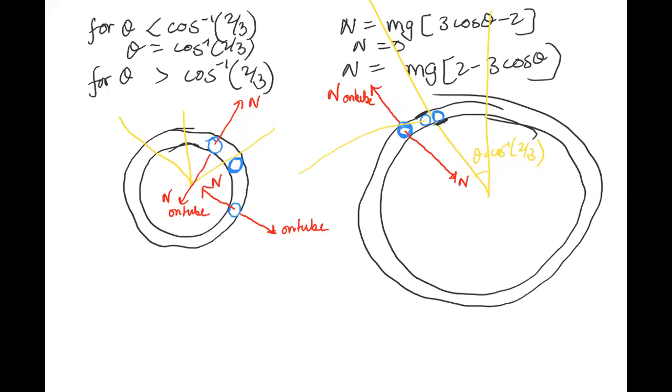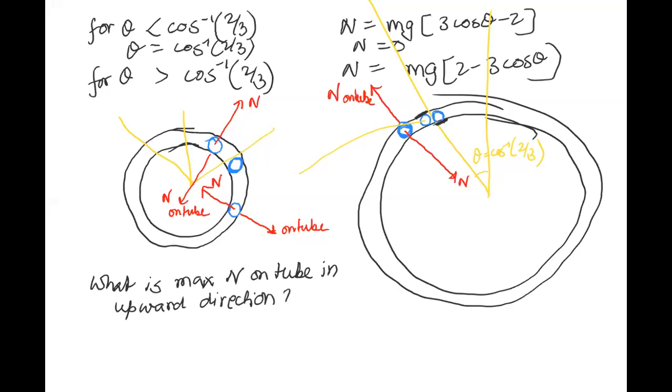So now comes my next question. What is the maximum normal reaction on the tube in the upward direction? Okay, please be very careful in answering.